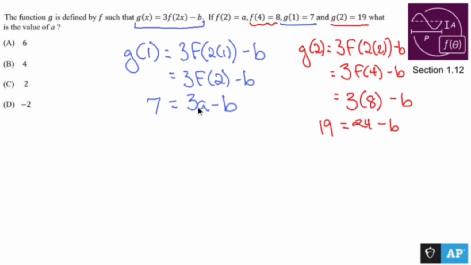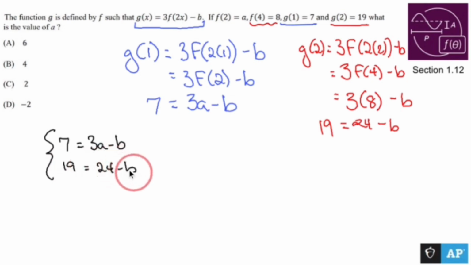Now what I have is a system of equations where I have 7 equals 3a minus b, and I have 19 equals 24 minus b. I can find b right here in this equation. So if I take this bottom equation and subtract 24 from it, I get negative 5 equals negative b. If negative 5 is negative b, then positive 5 is positive b, so b becomes 5.